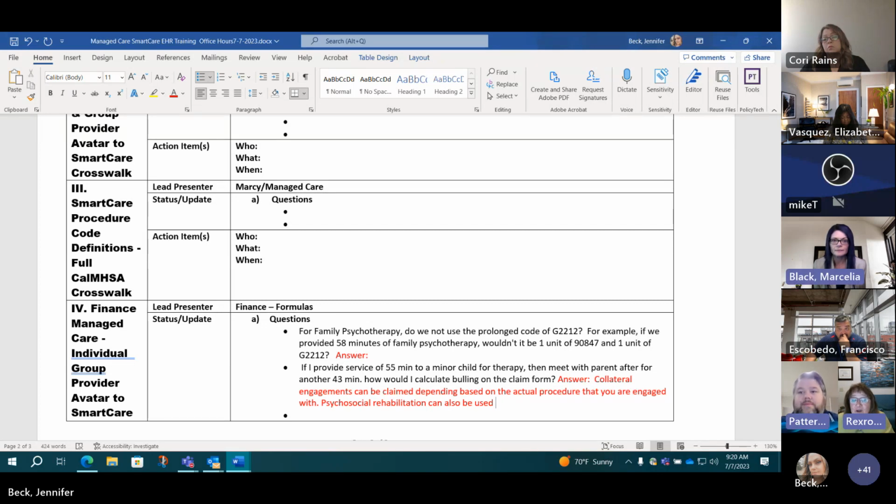And then psychosocial rehabilitation, you're going to claim 43 minutes on the CMS 1500 form. That is going to convert over to 3 units of psychosocial rehab, and then the unit of claiming for the fee would be 45 minutes. So that's how it would transition over to that CMS 1500 form.